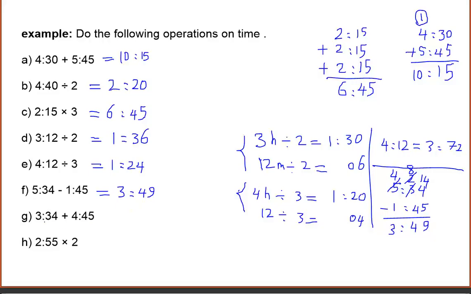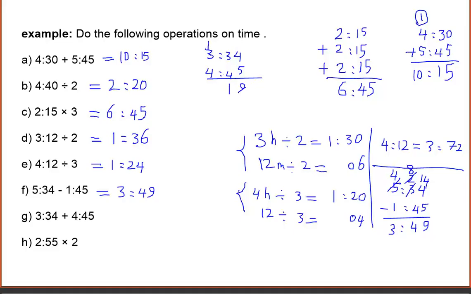Okay, so this is an addition, and this is a final multiplication. Let me do these two as the last items. 3:34 plus 4:45. So here we have 9, here we have 7. We cannot have 7 here.